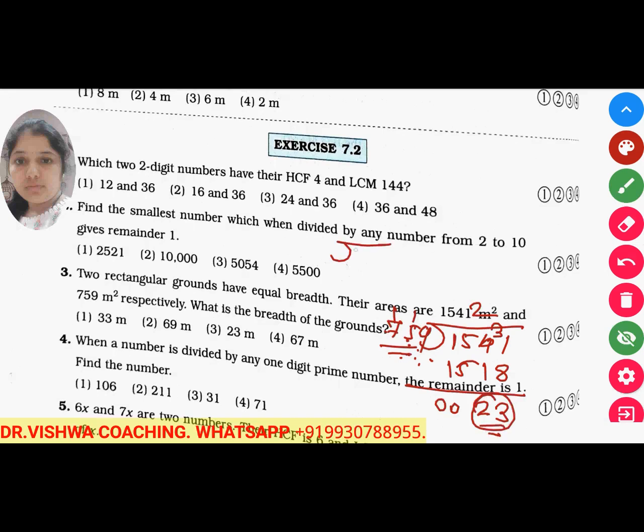Now divide this 759 by 23. So 23 2s are 46. Again we have to borrow here, so 299. So 299 is the multiple of 23.